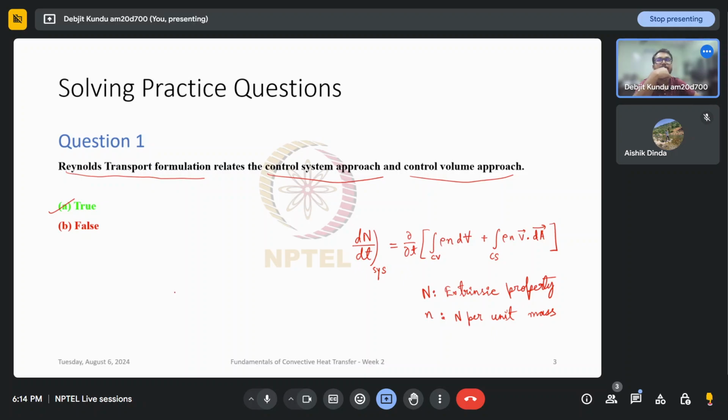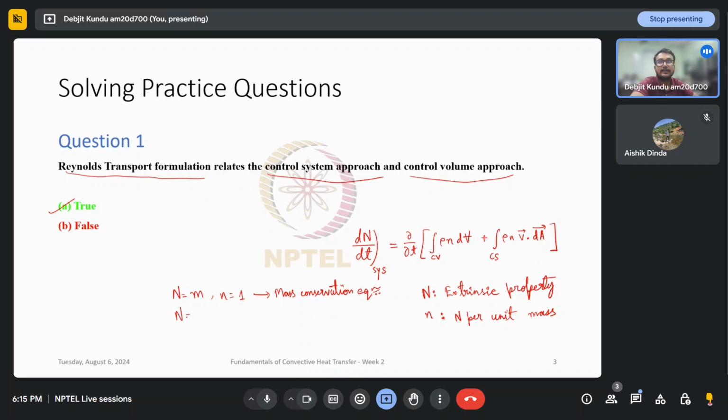So this is all about conservation of N. If I take N equal to mass, then my small n becomes 1, and plugging these into the Reynolds transport theorem would give me the mass conservation equation, also known as the continuity equation in the context of fluid flow.